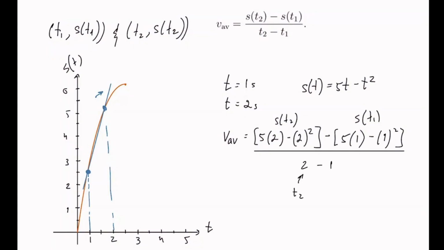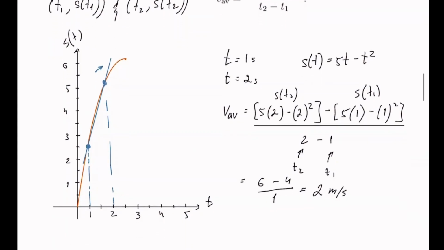This is my t2, this is my t1. And what I get is 6 minus 4 divided by 2 minus 1. That's 1. So I have 2 meters per second. That means that the ball's average velocity during the 1 second window was 2 meters per second.